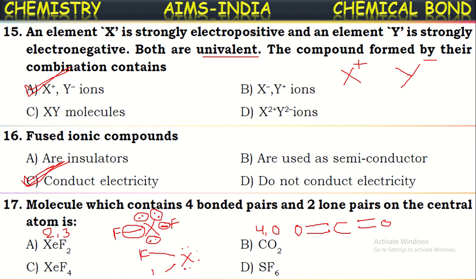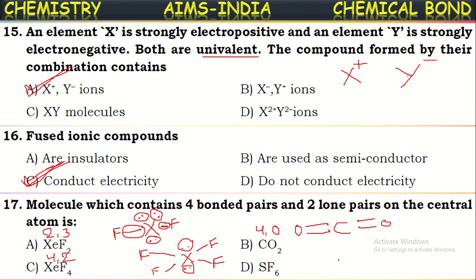Let us represent it like this. Now if you see here, the number of lone pairs is 1 and 2, and the number of bond pairs is 1, 2, 3, 4. So there are 4 bond pairs and 2 lone pairs on the central atom xenon after the bond formation in XeF4.